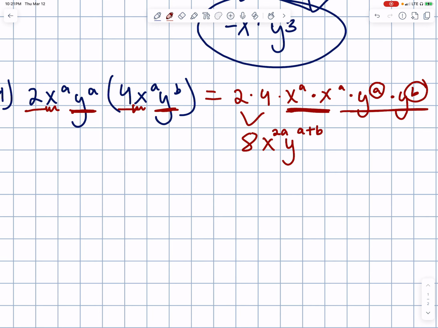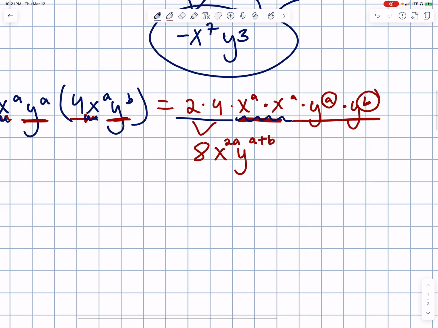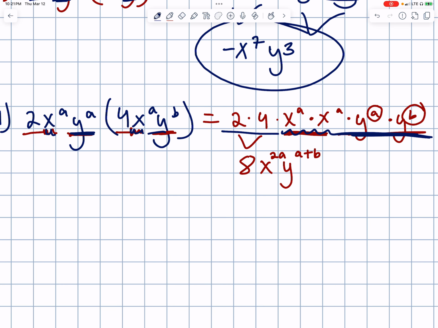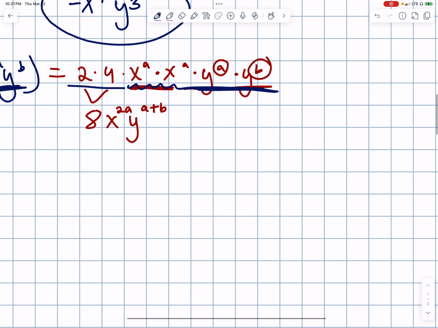We rearranged it where we wrote down our coefficients first, 2 and 4. And then we put our x's, x to the a and x to the a, and then we put our y's, y to the a and then y to the b. 2 times 4 gives us 8, and then x to the a times x to the a, well, it's still x, but we don't know what a is.